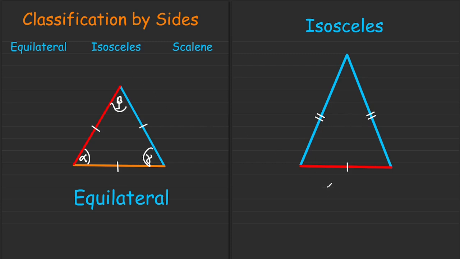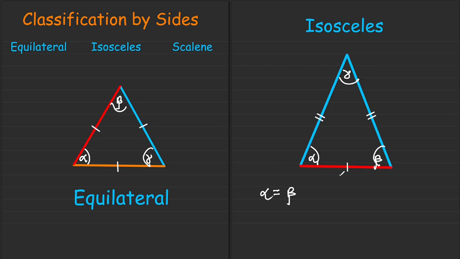Now that results in us having, if this is the base, the angle alpha here, beta over here, and another angle, let's say gamma. That will result in alpha being equal to beta. It simply means the two base angles are the same. It has two angles that are the same, but this angle here would be of a different measure.